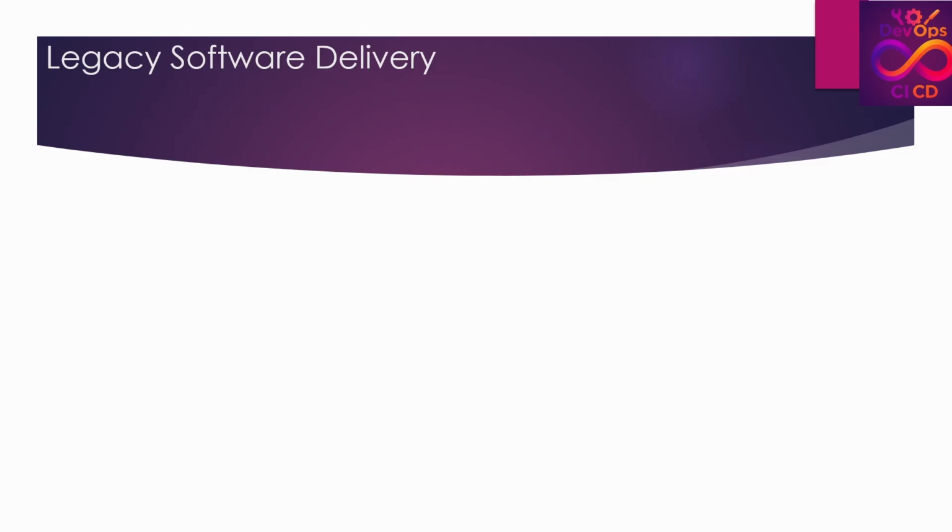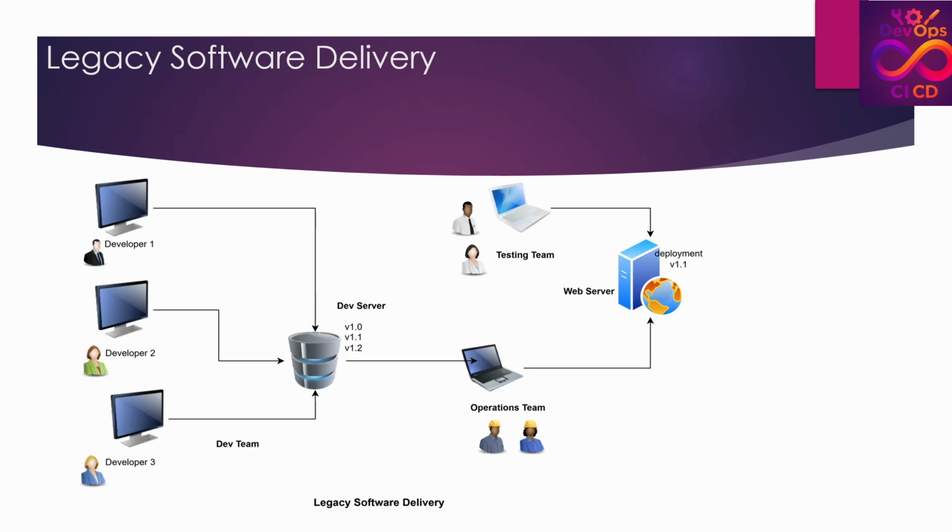Legacy software delivery. Here in this picture, you can see developers 1, 2, and 3 belong to the dev team. They create the application code, package it, and push it manually to the dev server.